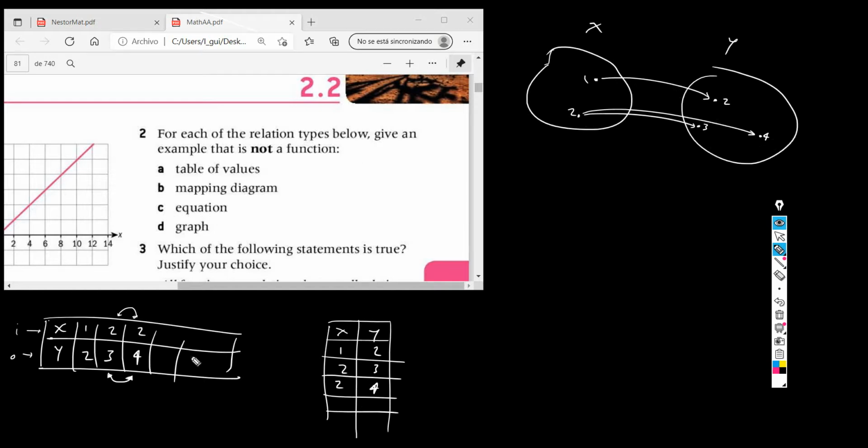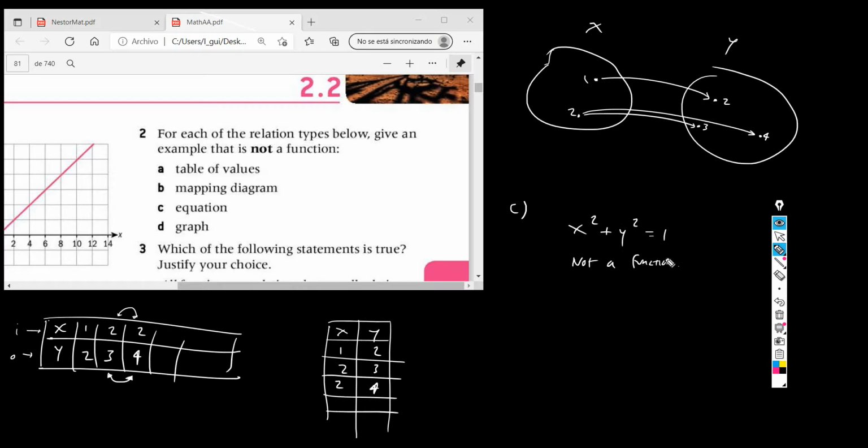As an equation, well, I cannot continue using this idea with an equation, but an equation, for example, like this, guys. This is not a function. Not a function.